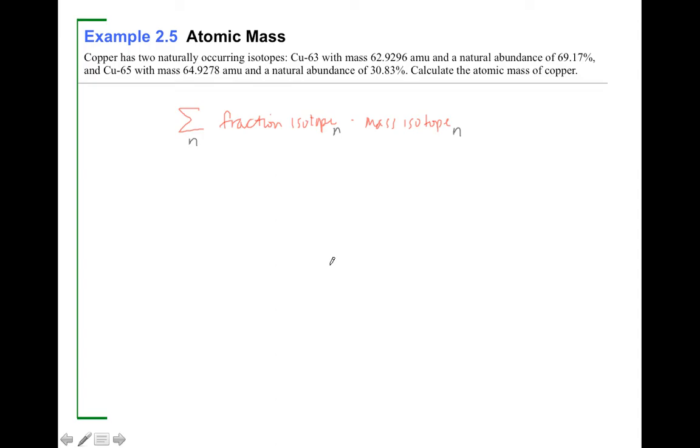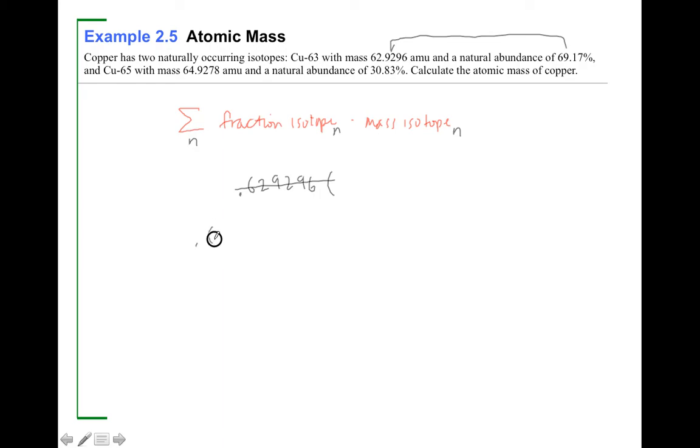Okay, so copper has two naturally occurring isotopes. So we're going to do, first of all, the fraction of isotope 1, and that would be 0.629296, right? Because that's what a percent is, times, oh, that's not the fraction, that's the AMU. Bad start. Let's say that the fraction of the first isotope is 69%, right?